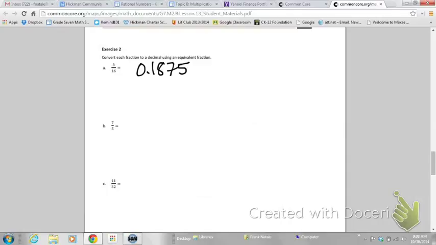Now 7 over 5, or 7/5, a little bit different, not as difficult. Of course, this is going to harken back to what we did prior, the exercise before this. We can change that 5 down there into a power of 10 by multiplying by 2. And then, of course, we're going to do the same to the top.